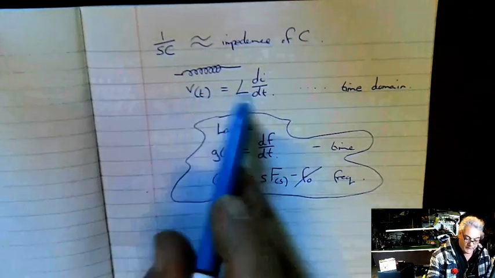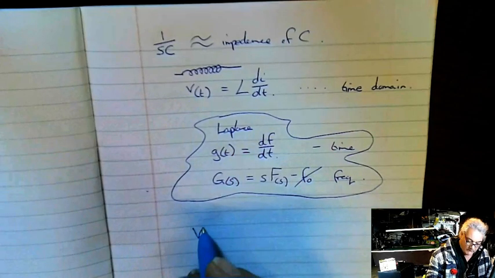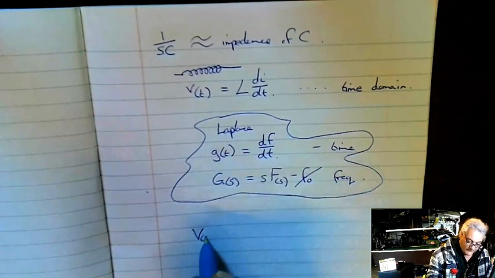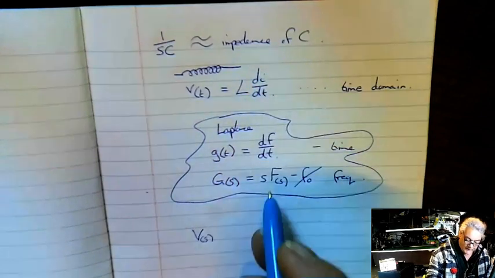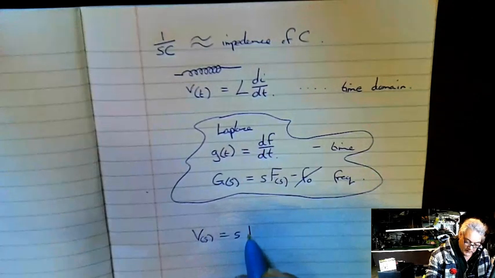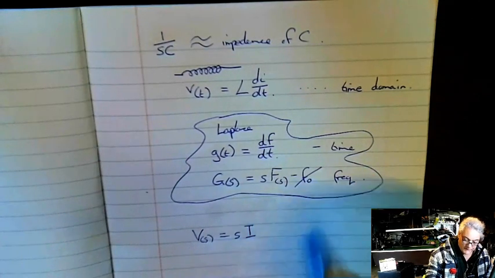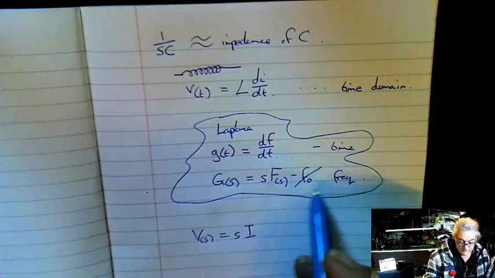So let's try and do this to here. All we've really got to do, v of t must become v of s by the same reasoning. L, forget that for the time being. So di by dt must equal s I minus the initial conditions, which for the purposes of this we're going to ignore.